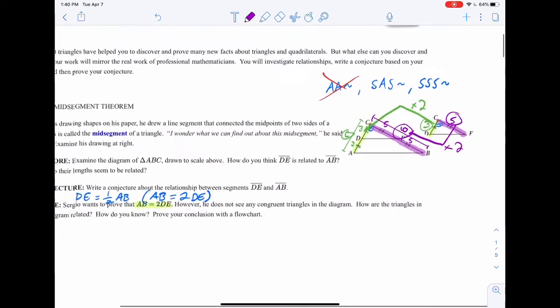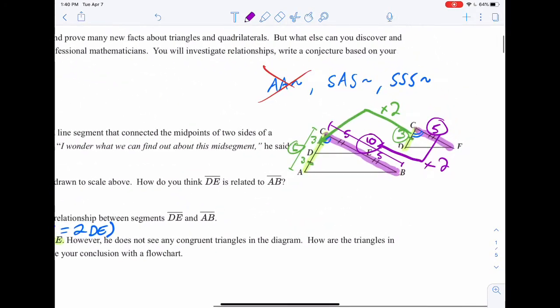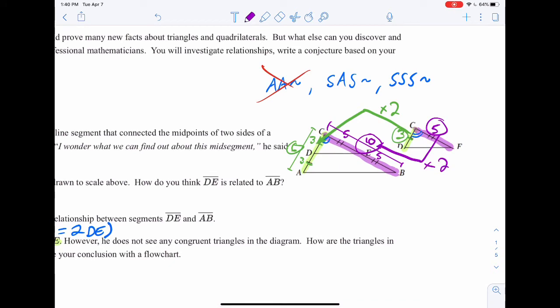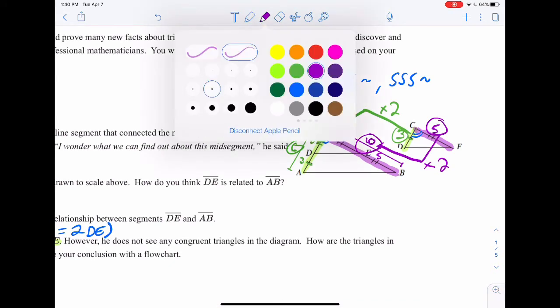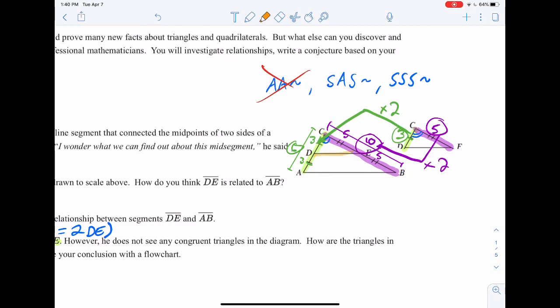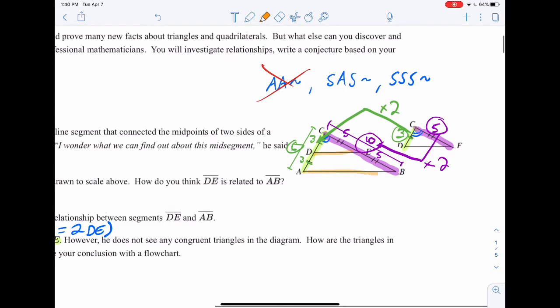So we have a common side ratio of 2. Do we know what the third sides are? They don't give us any tick marks on these two sides. While we conjectured that one is half of the other, or there's a ratio of 2 as well, we don't have any tick marks, so we're not going to be able to say side, side, side. We only have 2 given side ratios.